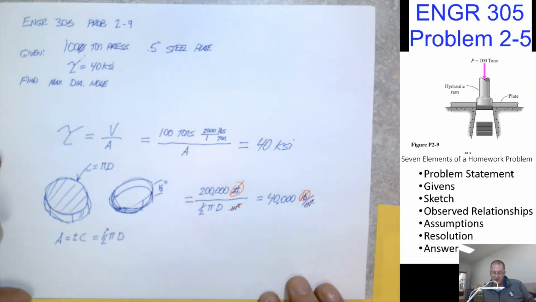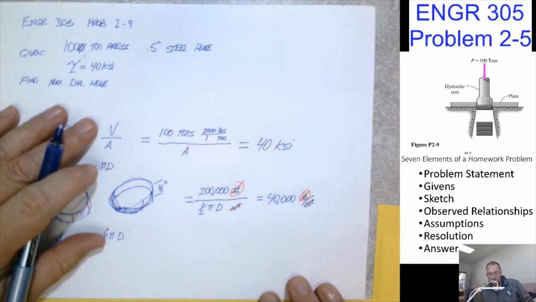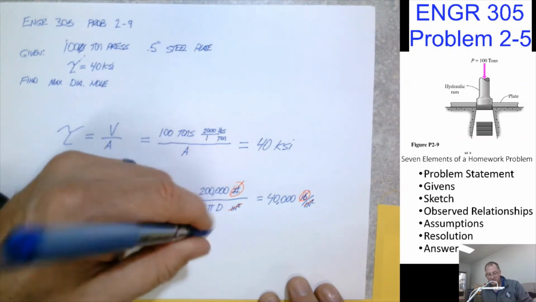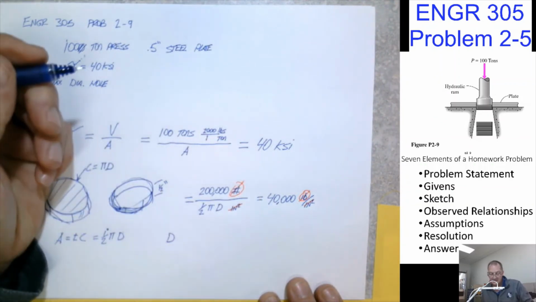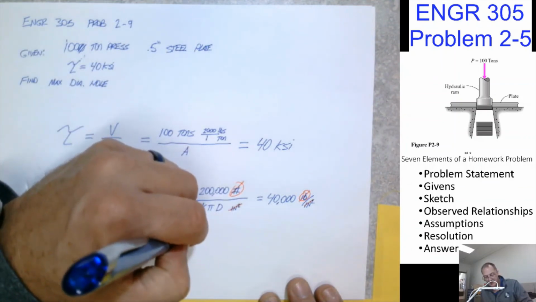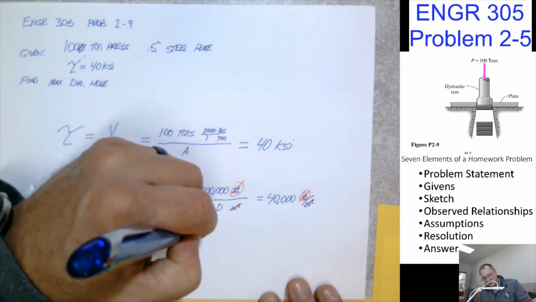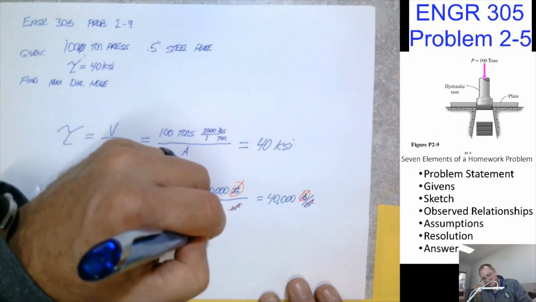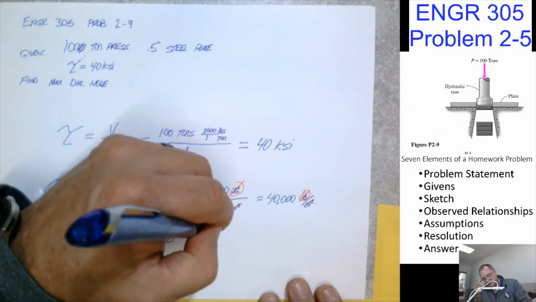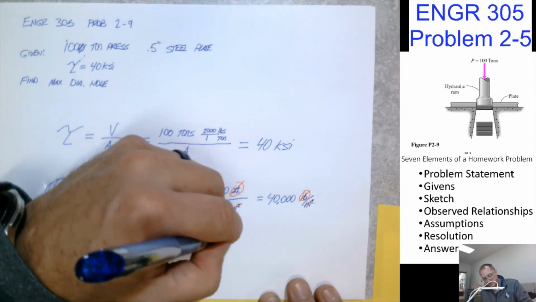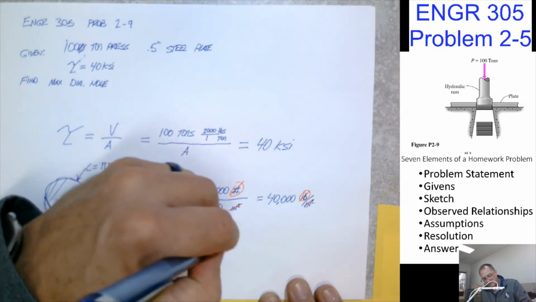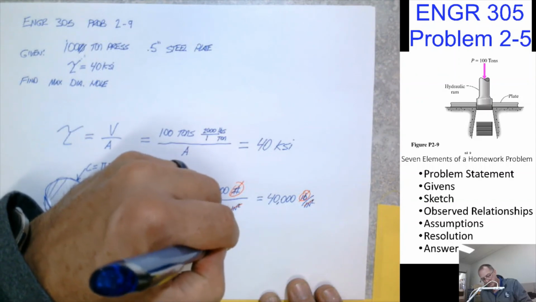So now we rearrange. I'm going to swing my D to the other side, and that means I've got D equals 2, I'm putting the half on top, times 200,000 over pi times 40,000.